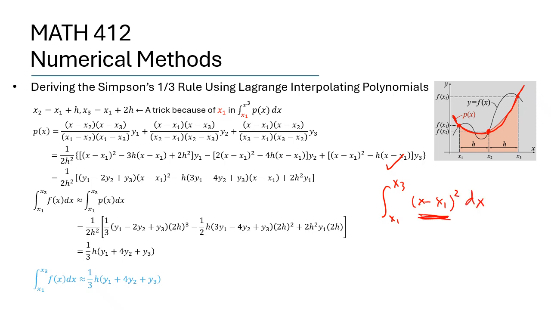We simply know that's just 1/3 (x minus x1) cubed, where x changes from x1 to x3. You see, when you evaluate this function at the lower limit, it's so nice.